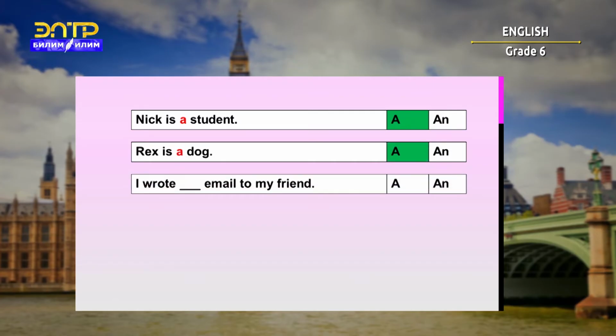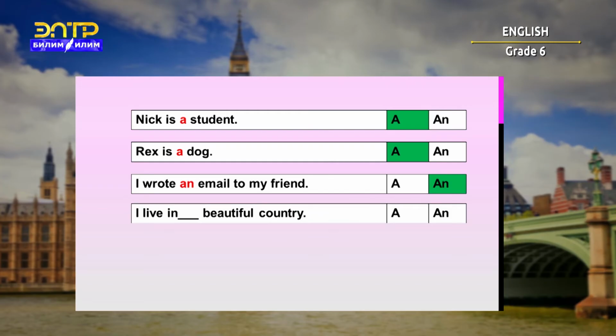I wrote email to my friend. The correct answer is AN. I live in beautiful country. Yes, it's A. I live in a beautiful country.